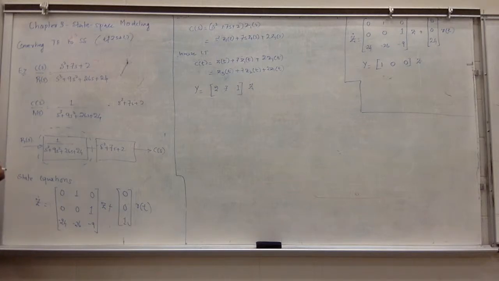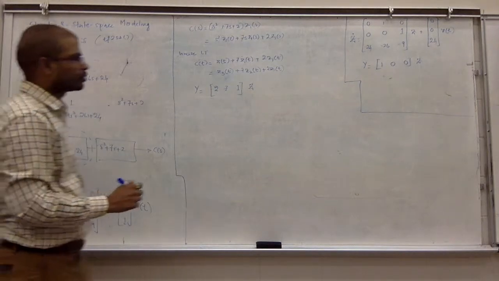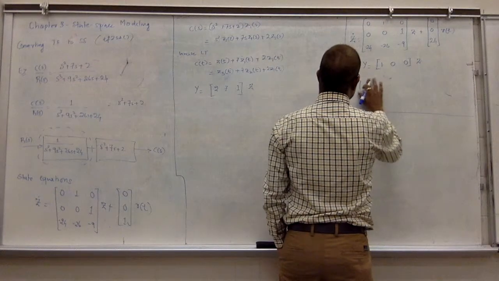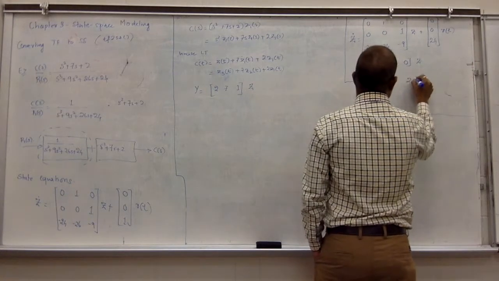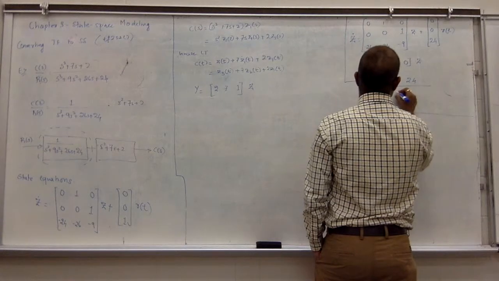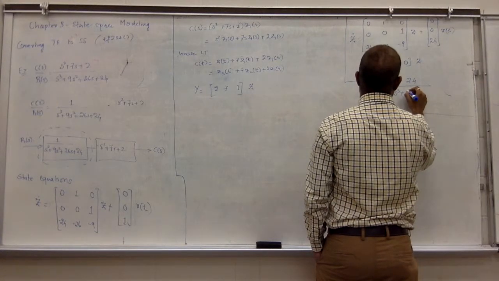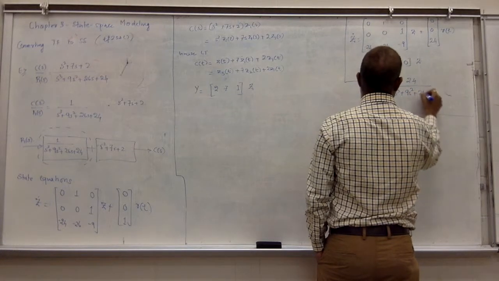If you look again here, there's a pattern. So compare what was the transfer function here. The transfer function was C of S divided by R of S is equal to 24 divided by S cube plus 9 S squared plus 26S plus 24.